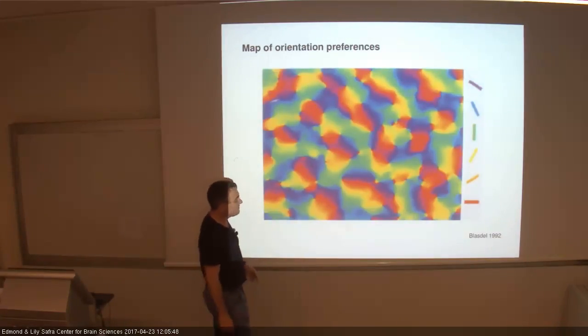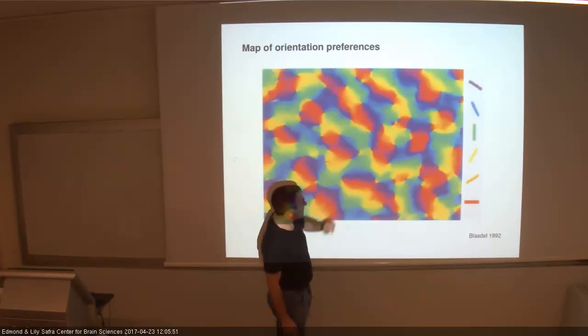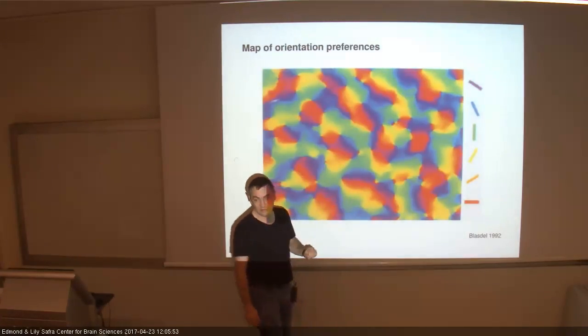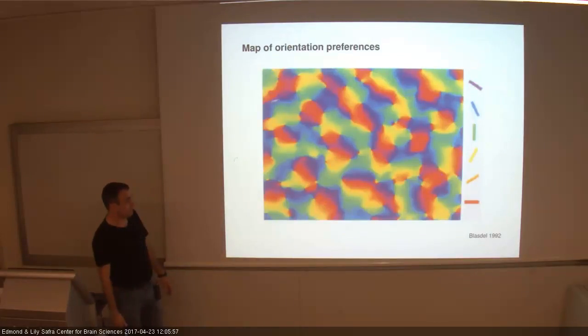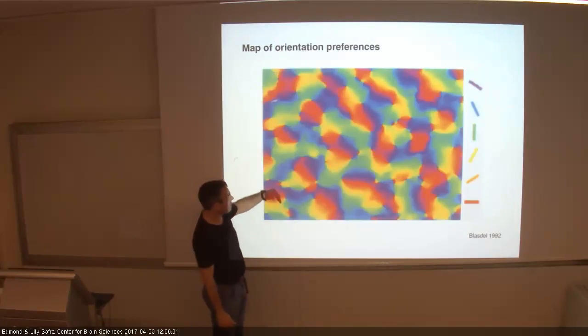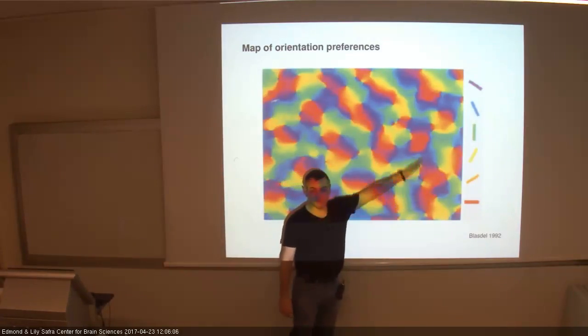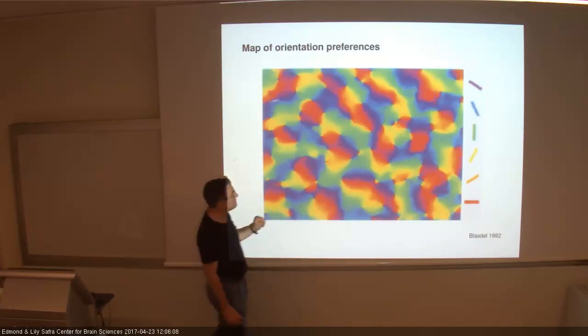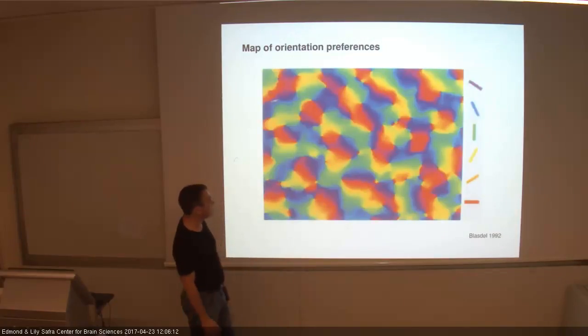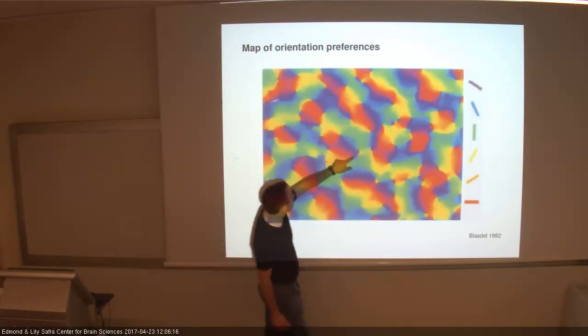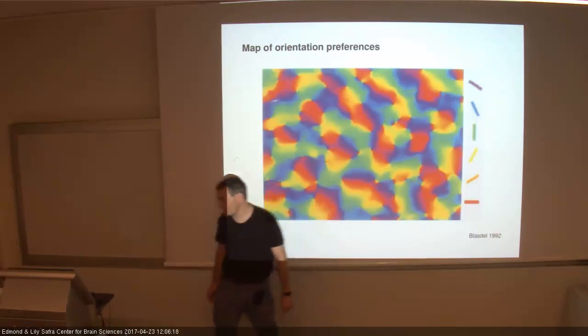What you see here is every color denotes a region in the cortical space in which neurons preferred the particular orientation denoted by the color. So you see that different regions, different neurons are selective to different orientations. These points are known as pinwheels, and are pretty interesting.